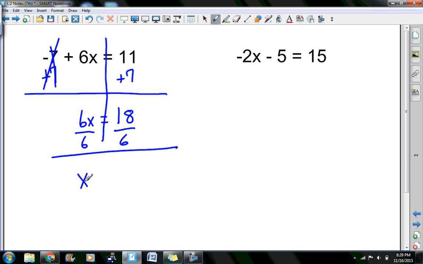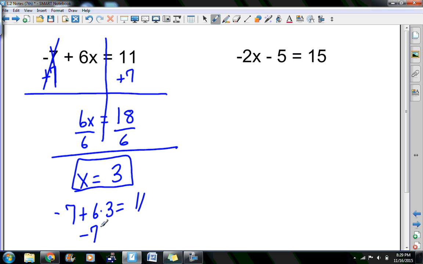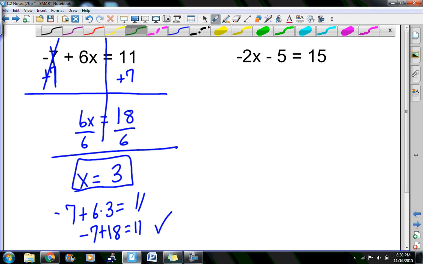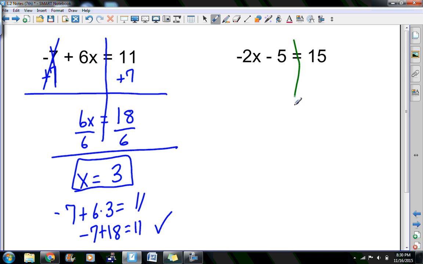So I create x is equal to 3. I check my answer by going negative 7 plus 6 times 3 is equal to 11. Negative 7 plus 18 is equal to 11.